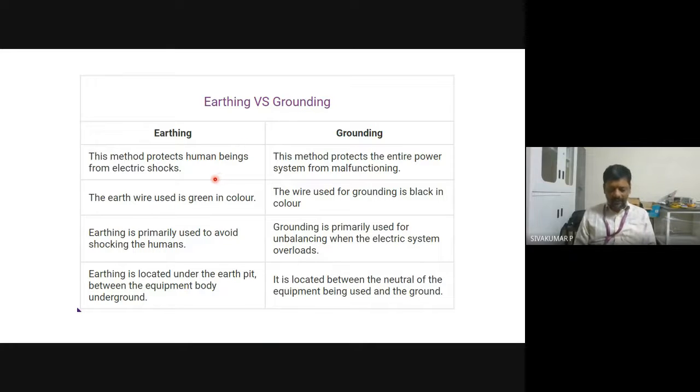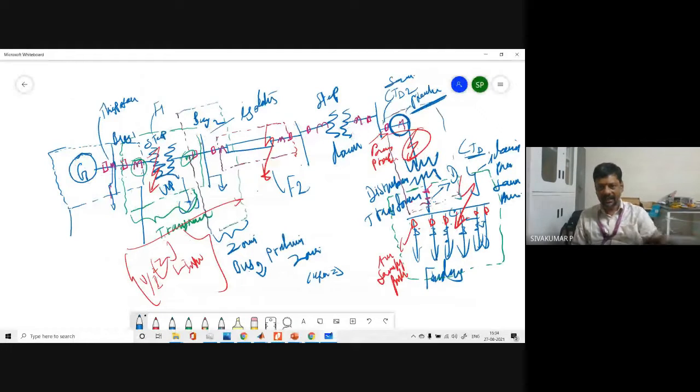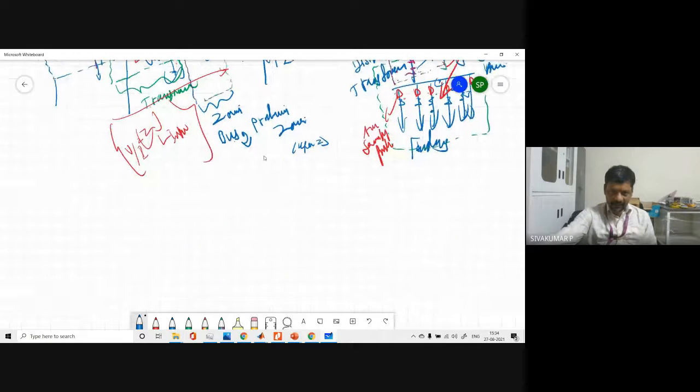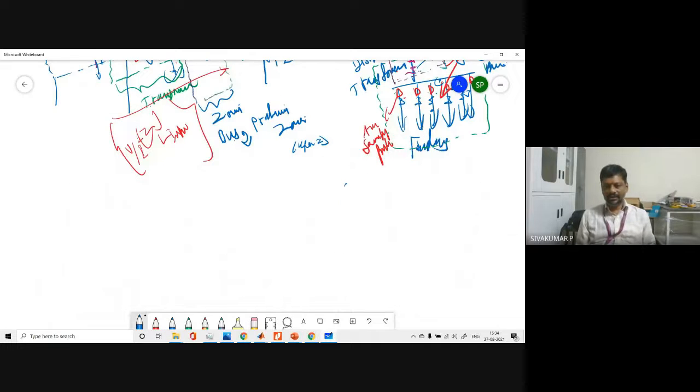Suppose in your home, you use so many electrical apparatus in day-to-day life, the home appliances. Assume this is one of them, a washing machine.